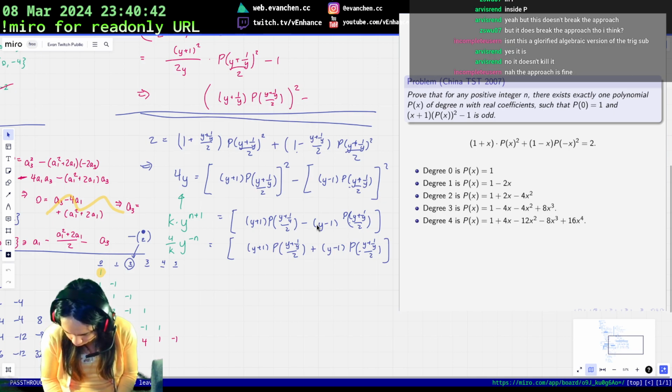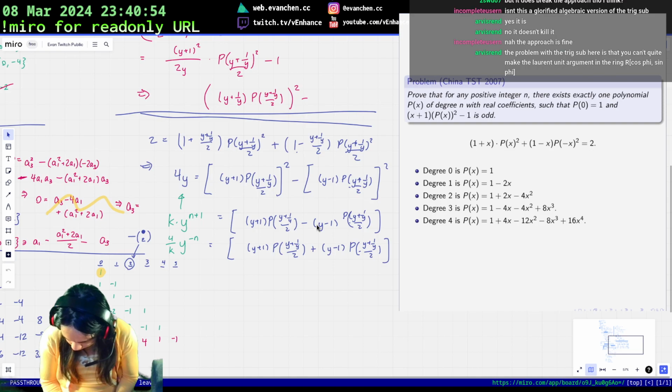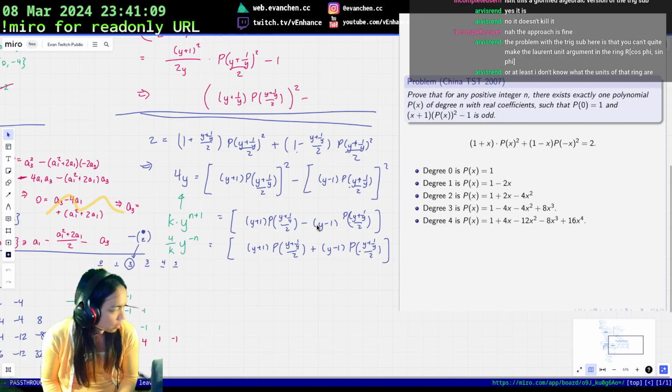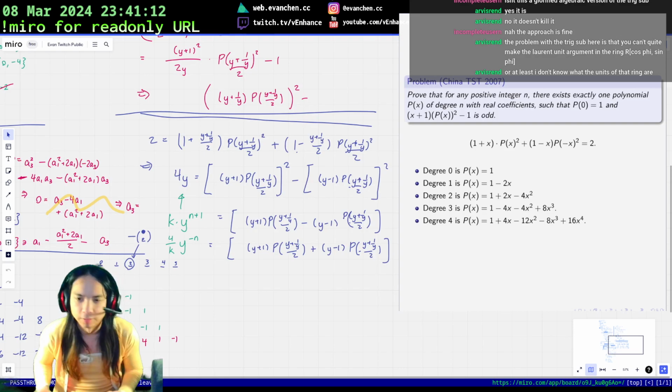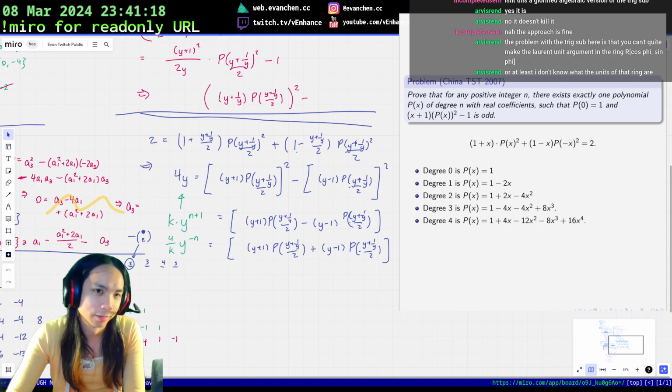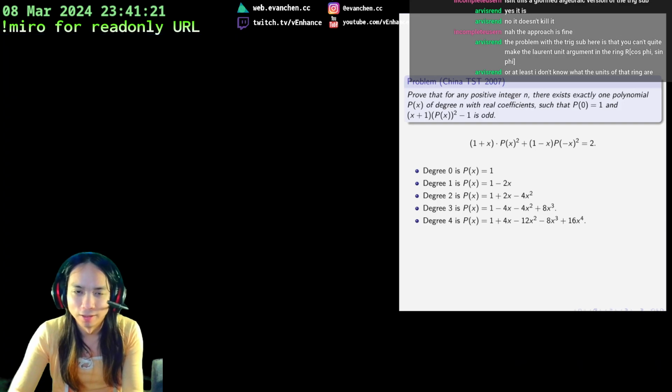Can I get K to be something if I plug in y equals i into this? Okay, let me just start typing. If this doesn't work, I'm going to rage quit the problem because I don't think I'm going to get it at that point. But I generally feel optimistic about this approach.